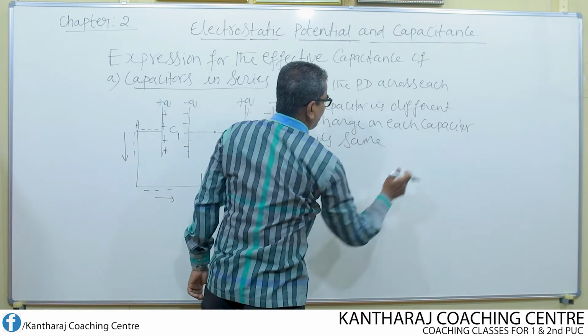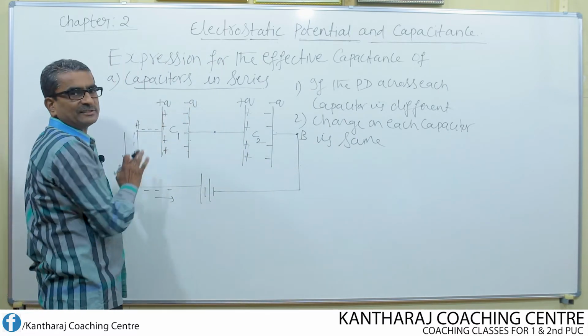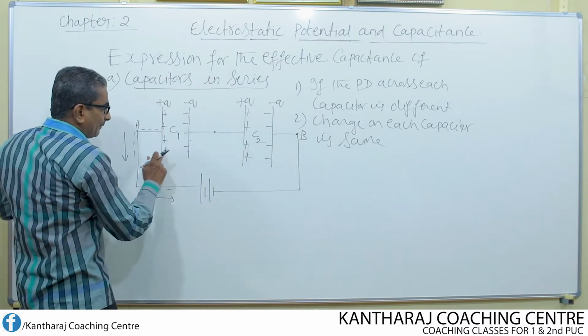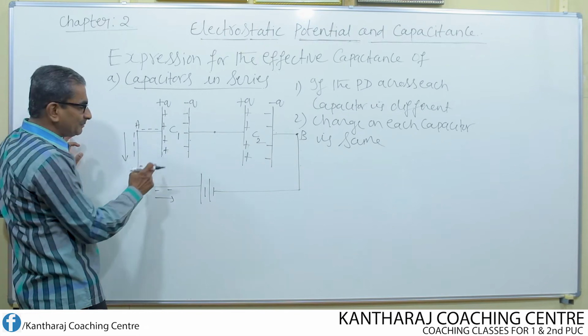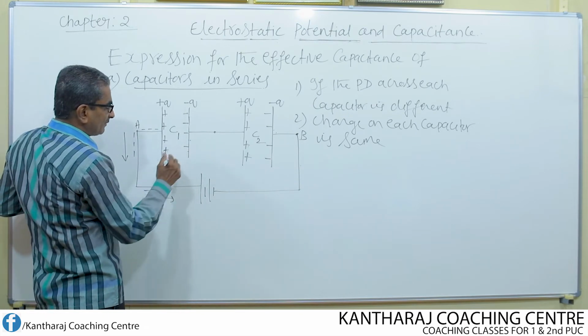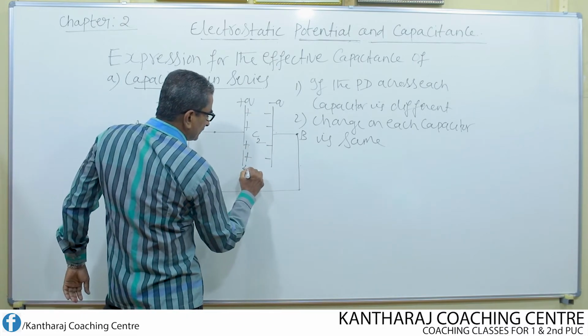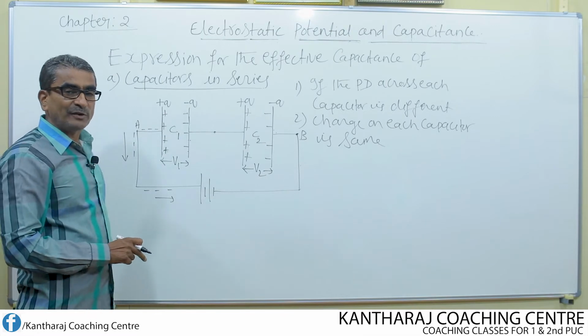Charge on each capacitor is same. What is the charge on this capacitor? It is Q. What is the charge on the second capacitor? Q. But the potential difference across the first capacitor, means between the two plates of the first capacitor, is V1. Similarly, the potential difference between the two plates of the second capacitor is V2.